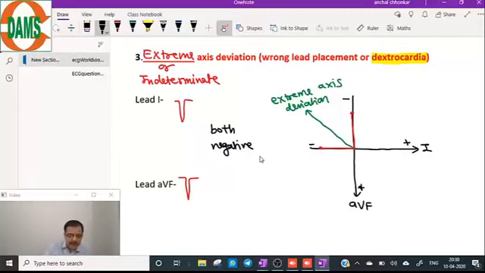How to differentiate between a wrong lead placement and dextrocardia on the ECG? For dextrocardia and wrong lead placement, the basic point is the clinical examination. Then you can diagnose whether it is a wrong lead placement or a dextrocardia abnormality.